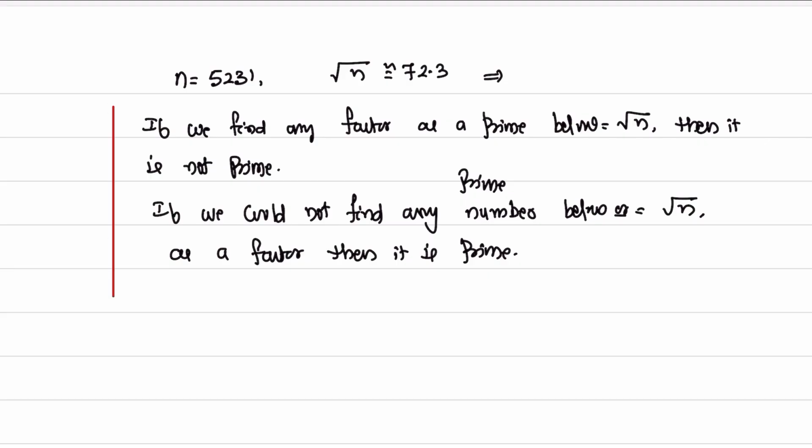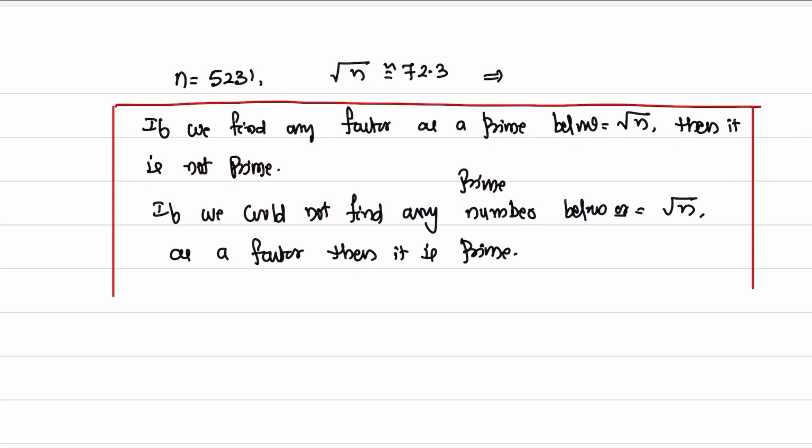Find the square root of n and then take all the prime numbers below the square root of n and check whether any factor is there in those prime numbers, whether this particular number is divisible by them or not.